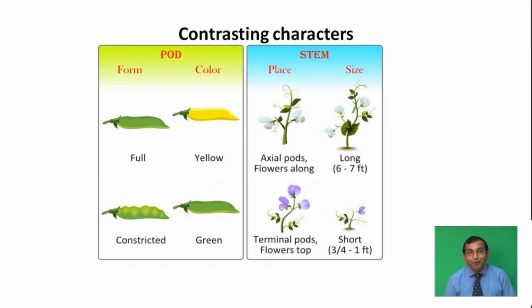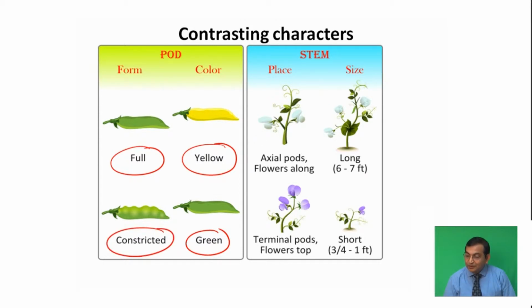Then color of the pod, yellow versus green, then full versus constricted, then position of the flower, it may be axial position or the terminal position, and size of the plant, long or short, that is height. This he has also considered.